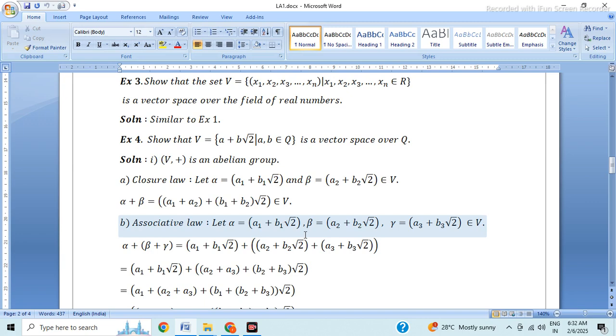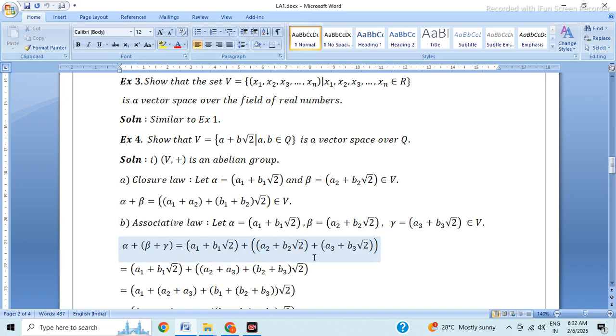How do you prove the associative law? Alpha plus beta plus gamma, what do we have to get? Alpha plus beta, plus gamma. For that, we take alpha as A1 plus B1 root 2, beta as A2 plus B2 root 2, and gamma as A3 plus B3 root 2.